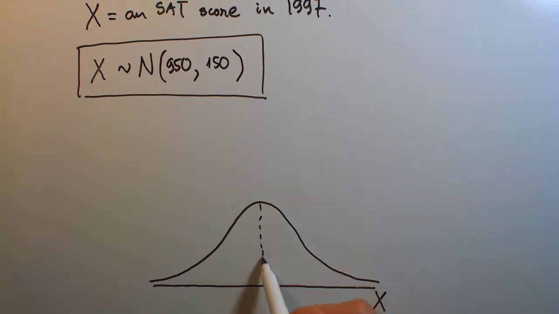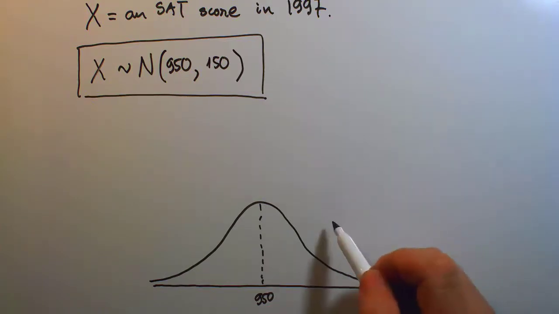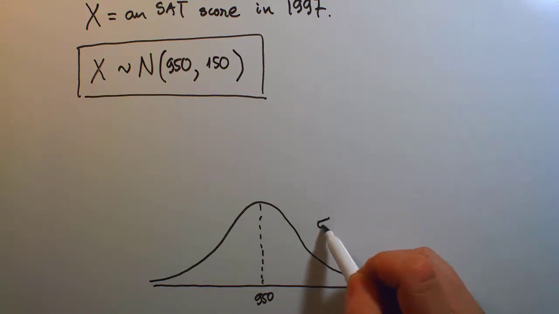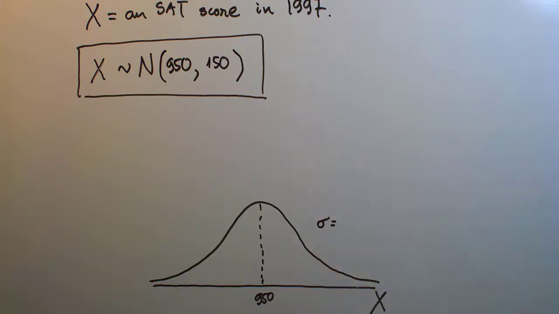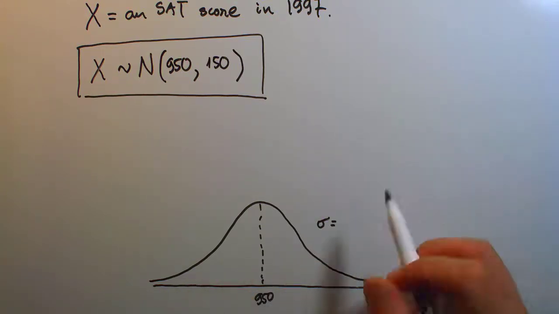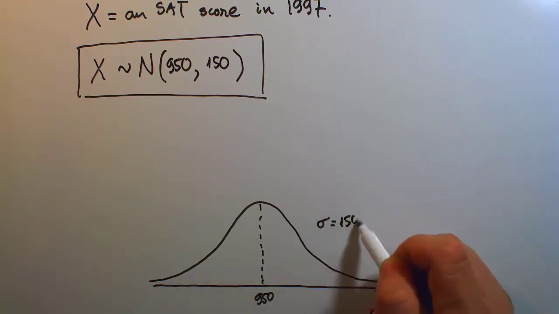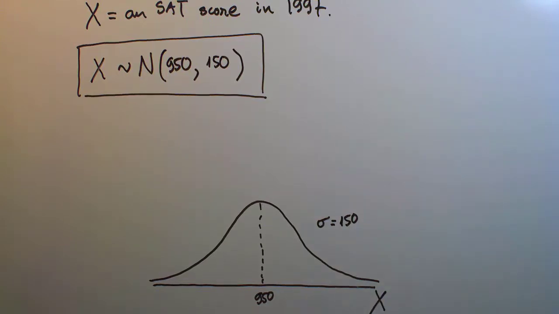The specialty of the bell curve is the mean value 950 must be placed right at the middle of the bell curve. The population standard deviation, even though not clearly seen in a picture, it's always a good habit to note it somewhere near the bell curve.